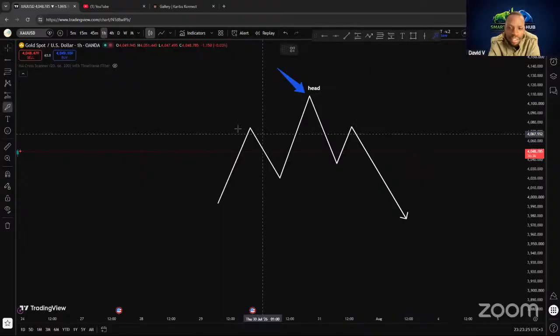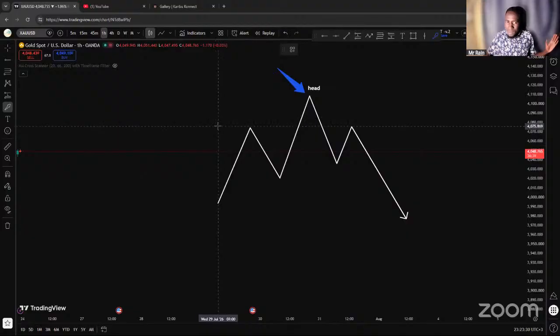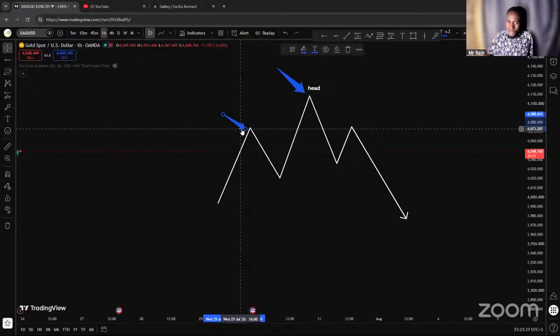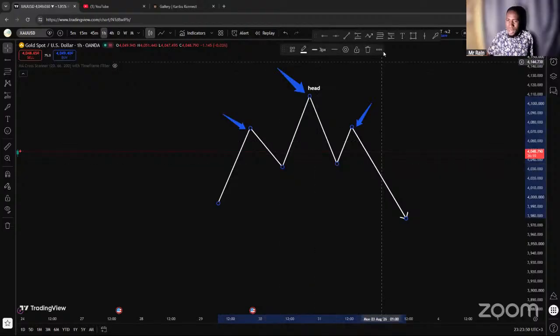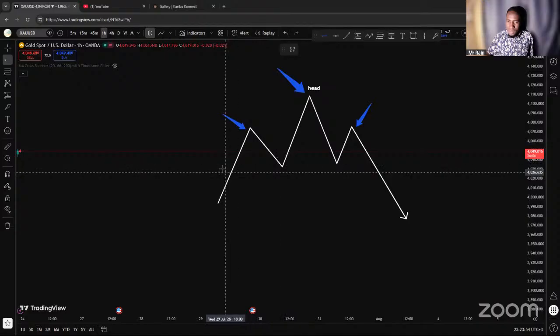Then it normally starts by forming the shoulder. This is the left shoulder. Then we have the right shoulder. Then now we have the neckline, around this place here. This is the neckline.